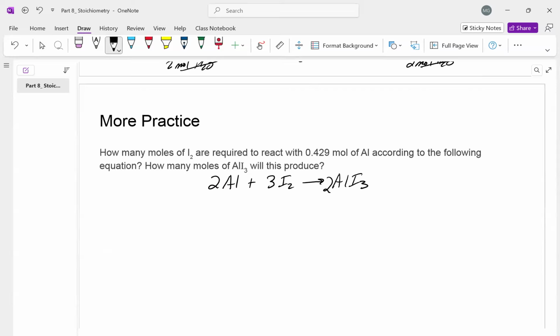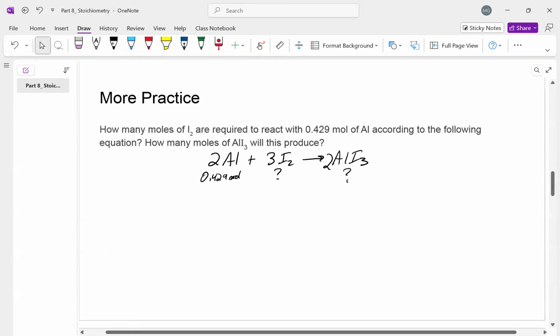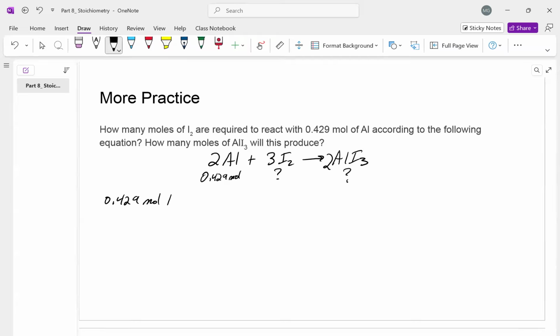So the first question asks us if we have 0.429 moles of aluminum, how much iodine do I need to do this reaction? And then how much product am I going to get? So let's just answer the iodine question first. I start with what I'm given, 0.429 moles of aluminum, and then I use the coefficients from the balanced equation.